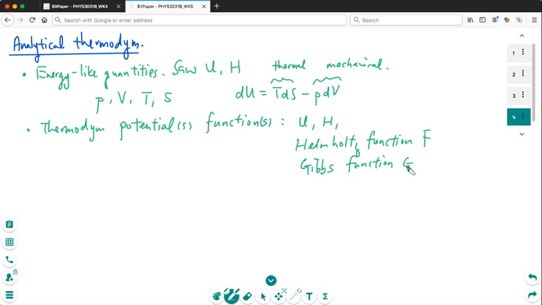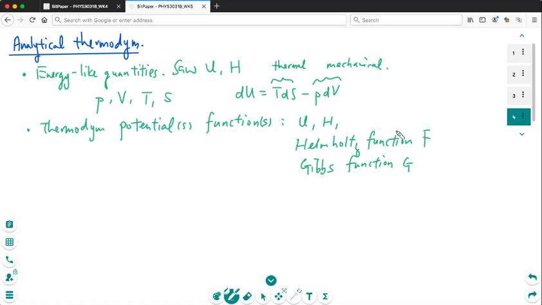Now, if you are with me, this is a piece of warning that you should take right now. If you pick a different book, check all these symbols. It's very dangerous. I don't like the situation, but I have no power to fix it. Sometimes internal energy takes the symbol E, energy E. That is fine with me. Helmholtz function sometimes is given the notation A. This is also fine with me.